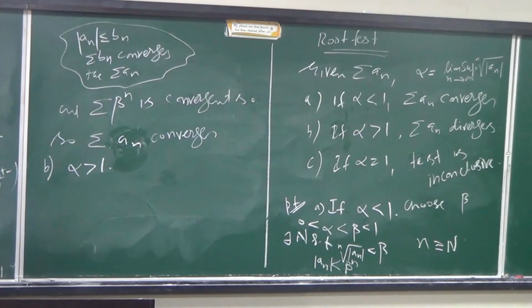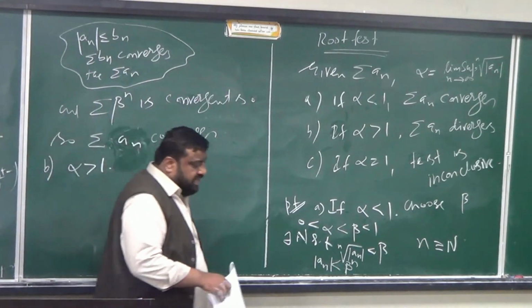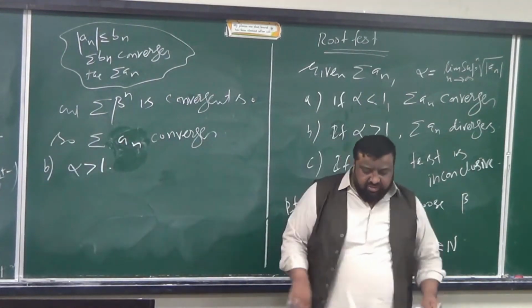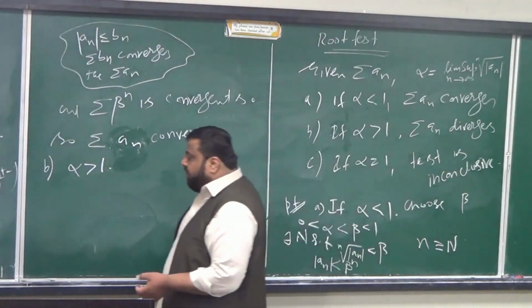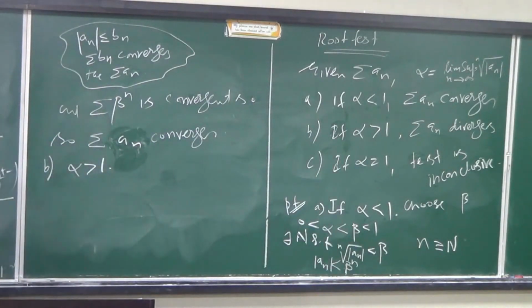Since lim sup is bigger than 1. In other words, one of the things that we did, if you remember one result, the beautiful result, was about the subsequential limits actually.